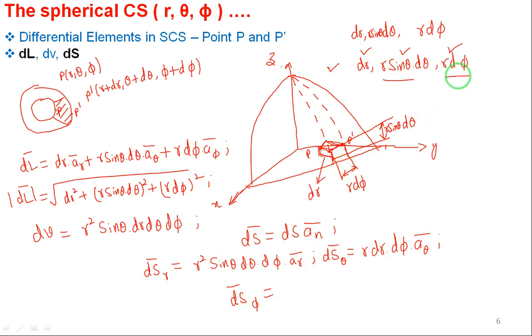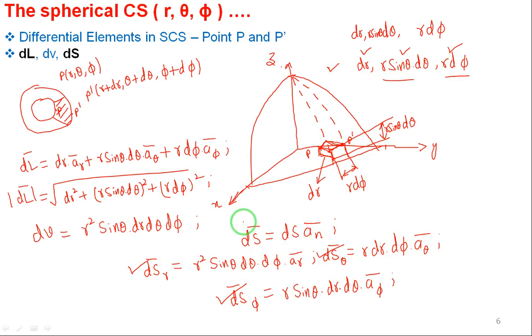Leave this d phi and multiply the other two: r sin theta dr d theta into a phi. So this is the differential surface area along the radial, theta and phi directions. We have seen the differential length, differential volume and differential surface area.